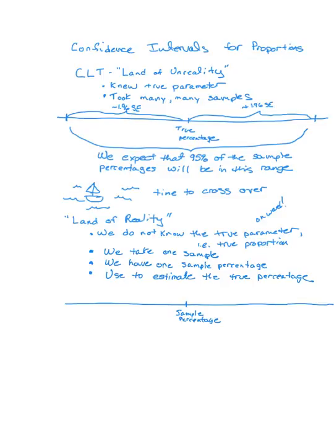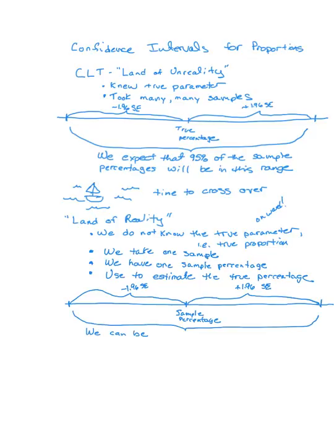So what we're going to say is similar to saying, well, if you're 6 feet away from me, then I'm 6 feet away from you, because naturally we're social distancing. So if we go out 1.96 standard errors in either direction, we can be 95% confident that the true percentage is in this range.